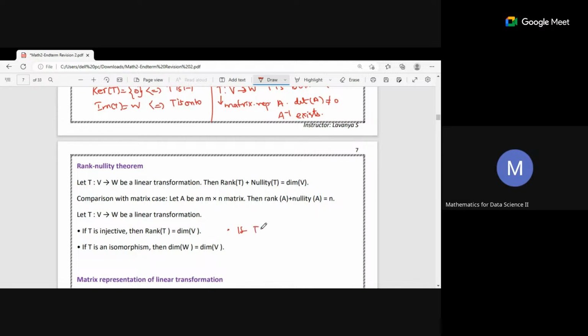If T is onto, then rank of T is equal to what? Dimension of W. Yeah. So combining these two, T being 1-to-1 and onto together gives dimension V is equal to dimension W. All right.